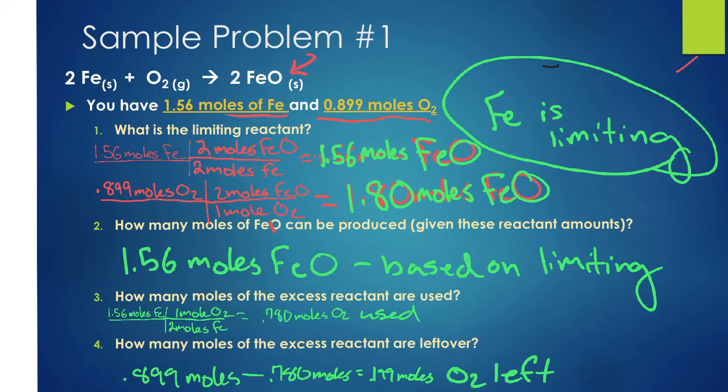So that's basically what you have to do each time. It is more work, but if you only solve through the moles, it's a lot easier than going all the way into the grams, and so you'll see what that means during future problems. So it's easiest to compare them together when you're looking at moles. And then finally, you could convert that 0.199 moles of O2 into grams if you wanted to.